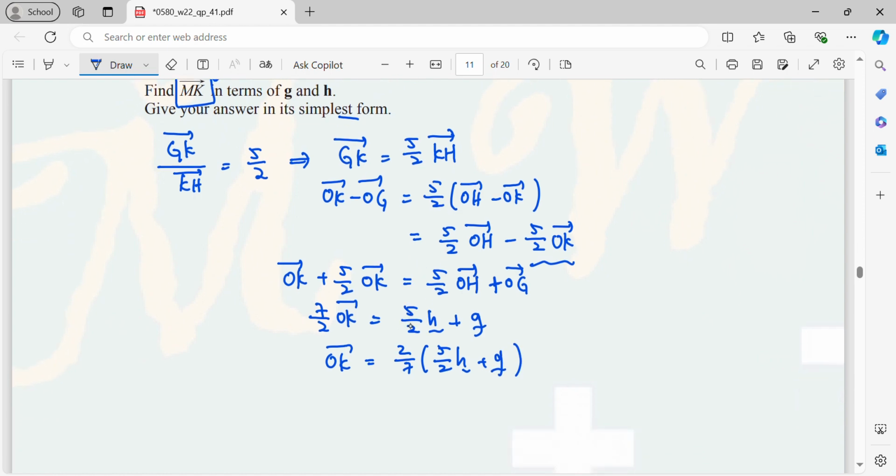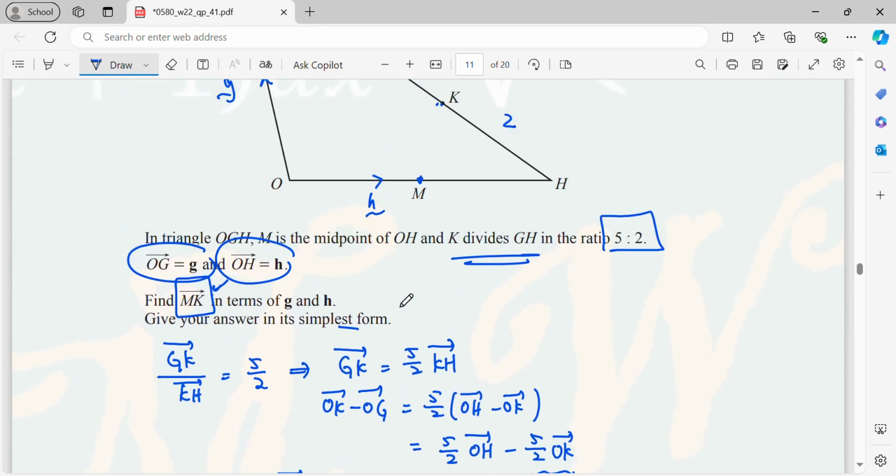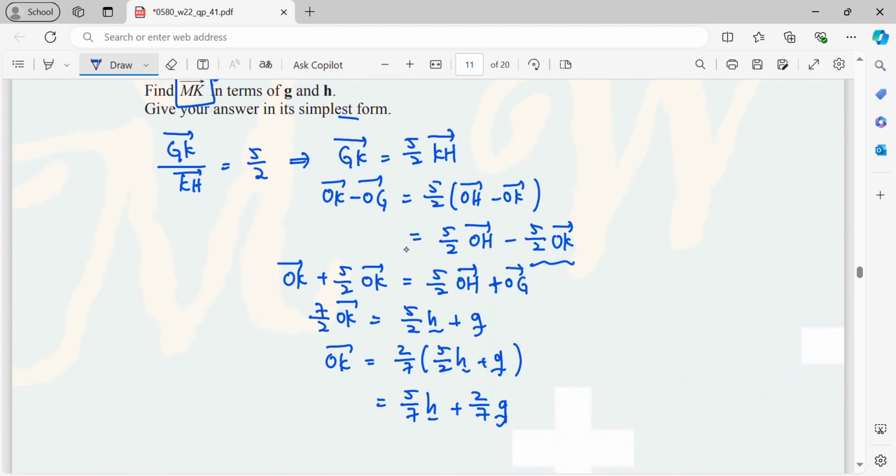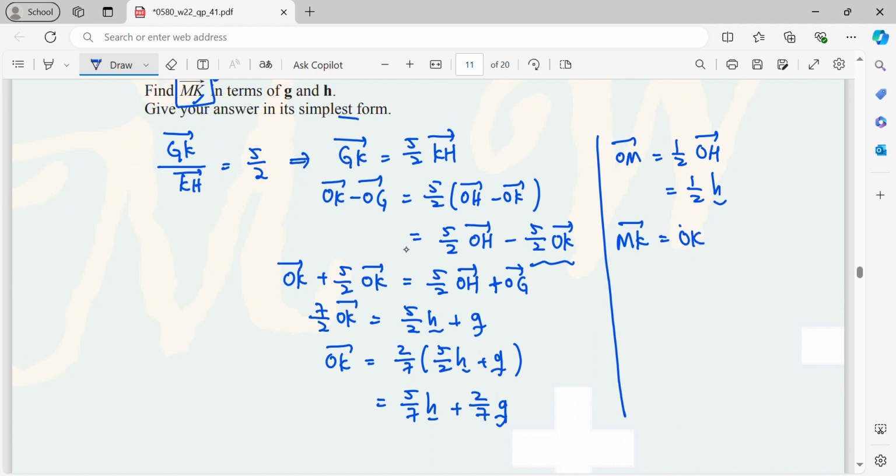Okay, then now I do expansion. 2 over 7 times 5 over 2 is basically 5 over 7 H. Then plus 2 over 7 G. Okay, so we have found the OK. And now it's given that M is the midpoint of OH. That means OM is basically half OH. So OM is half OH, that is half H. Therefore now to find MK is basically OK minus OM.